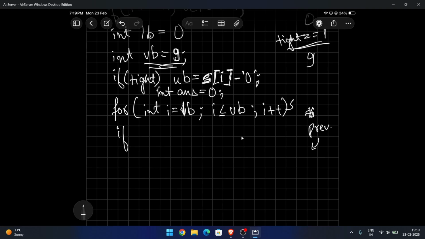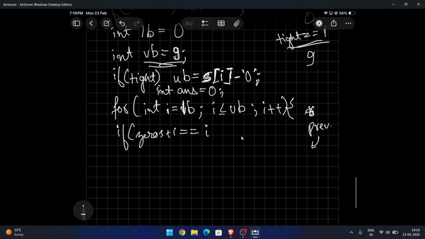So for this, what would we check? If zeros plus 1 is equal to I, this means that at our current index we haven't started the number yet. If this is the case, then we would check whether the current number is 0.